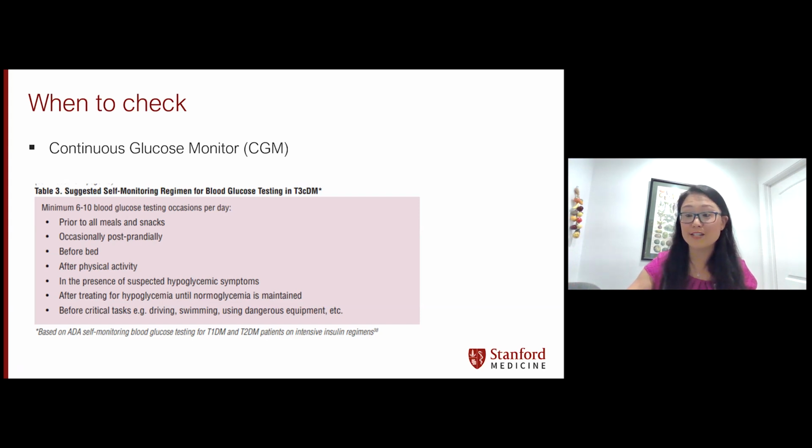If you don't have a continuous glucose monitor, really thinking about very intensive checking if possible, 6 to 10 times per day, thinking about before meals, because if you're on insulin, that's how you're going to know if you need to give a correction dose, give a little bit more insulin based on the food that you will eat. The one thing I do also mention is a concept called stacking.